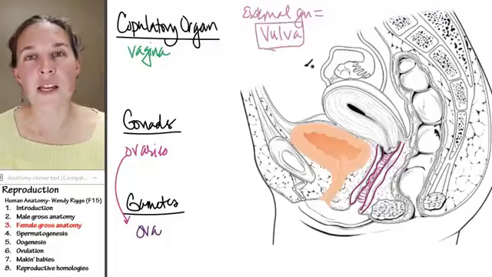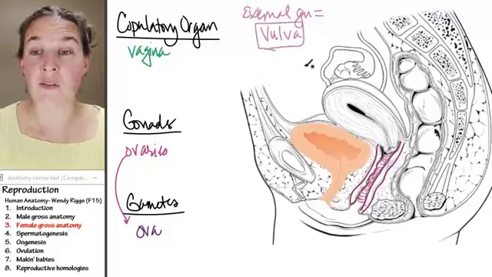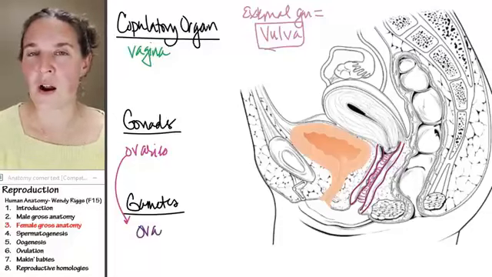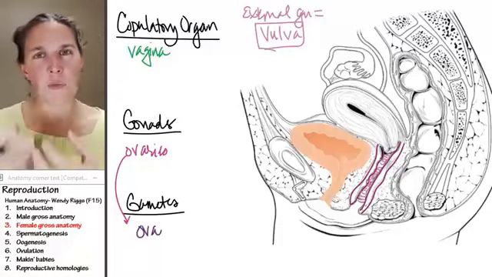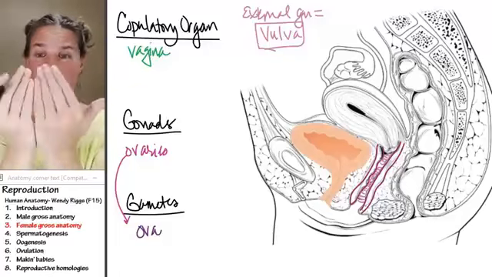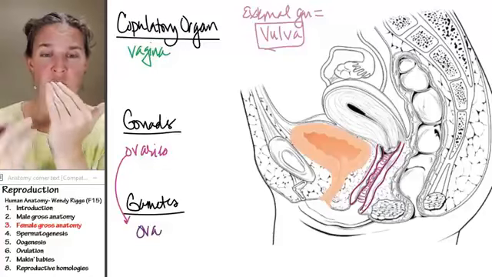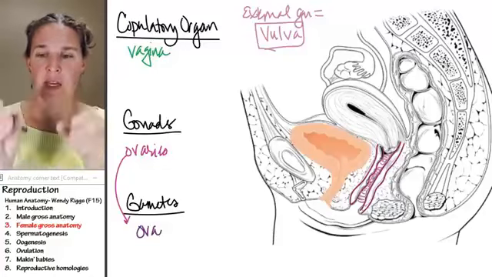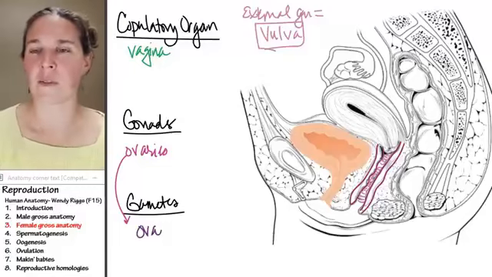And the vulva is primarily made up of labia majora. Labia majora are the pubic hair covered lips that cover up over the vagina. So the vagina is a little hole, and the big lips of the labia majora are sitting right there.